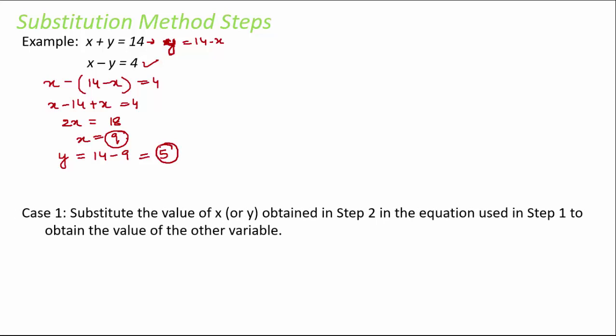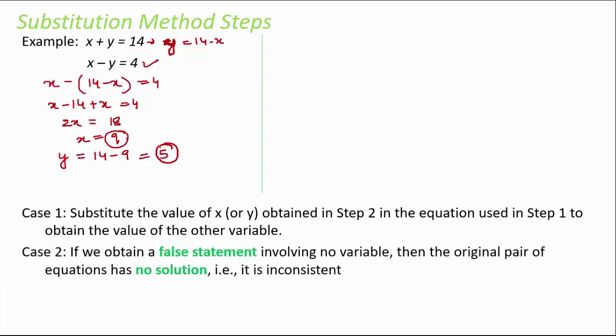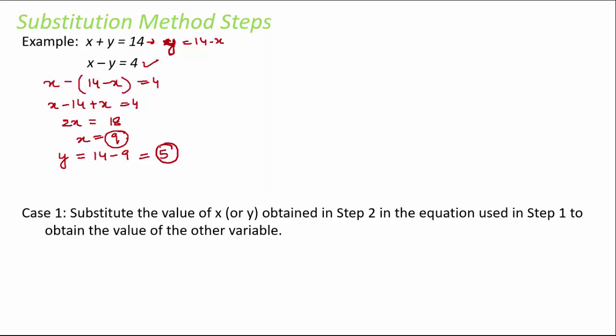Now, there are a couple of cases that may arise. Once we obtain the value of x and y, there could be a situation that we get a true statement, as in we substitute the value of x or y that we obtained in step 2 and use it in step 1 to obtain the value of the other variable.